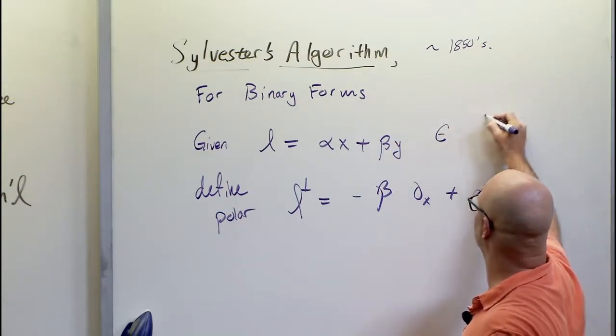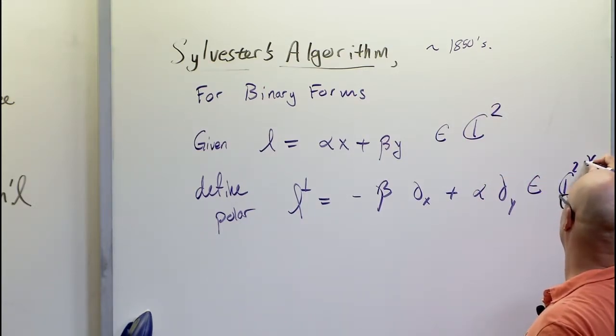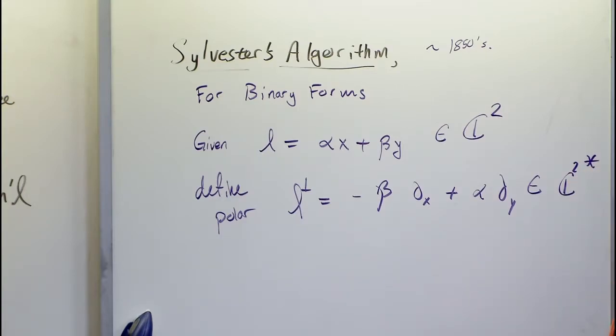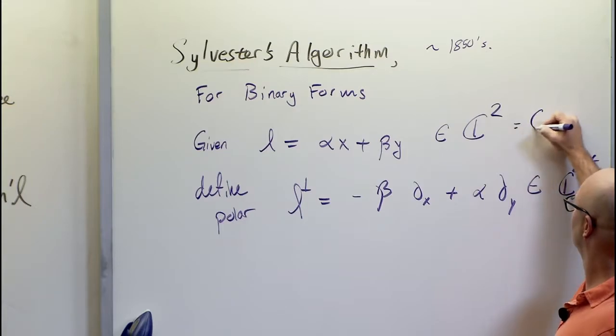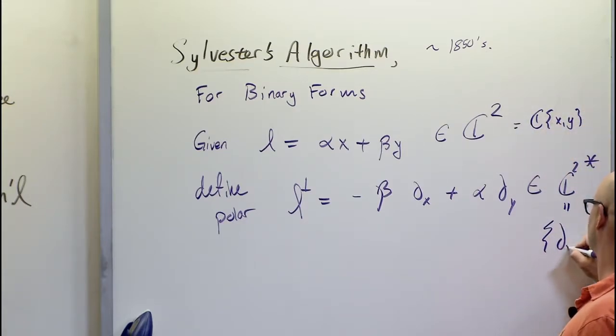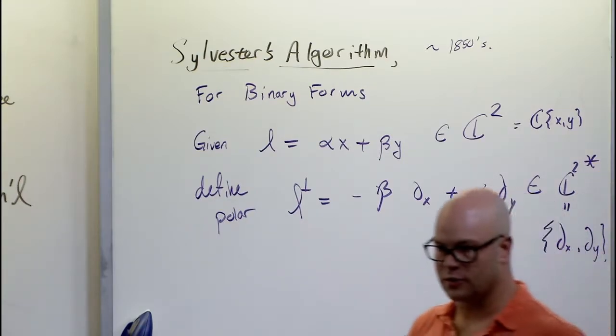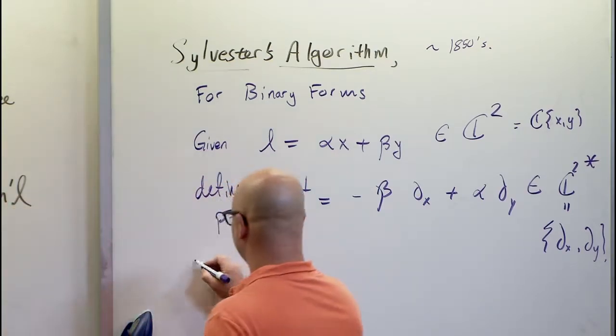L is in C2, and L perp is in C2 star, the dual vector space. So I'm explicitly naming a basis of each of these vector spaces, and they are dual bases because partial with respect to x and y are dual to x and y.